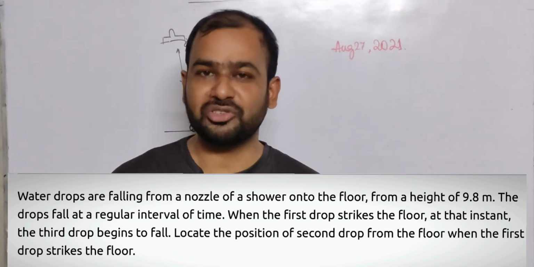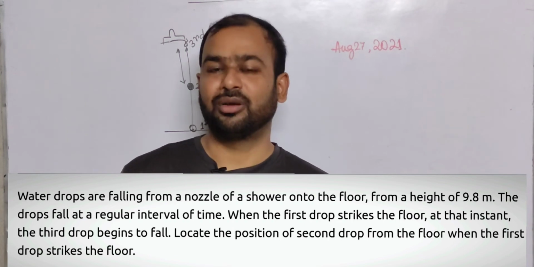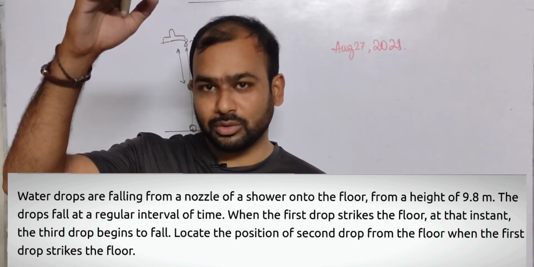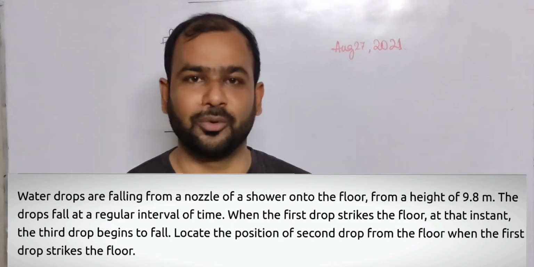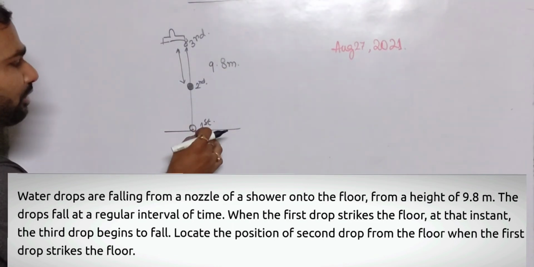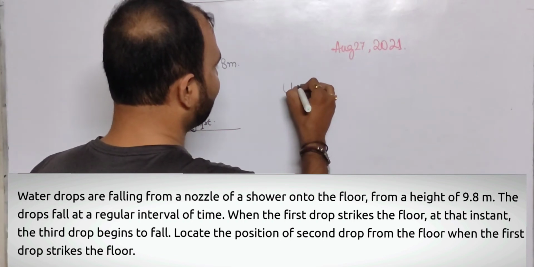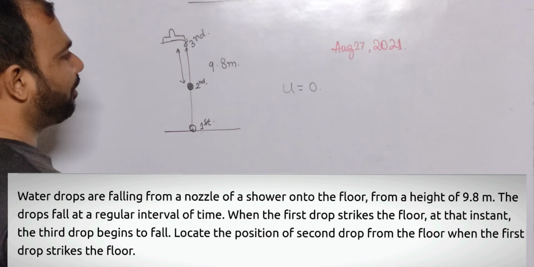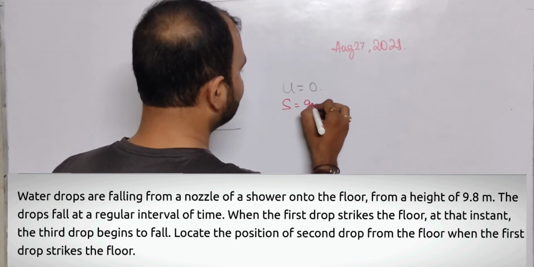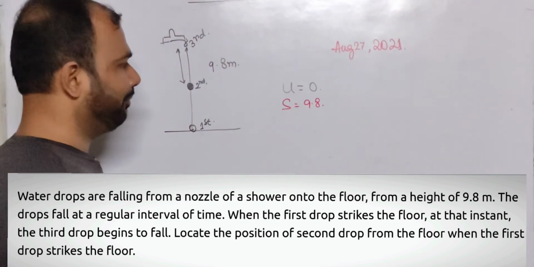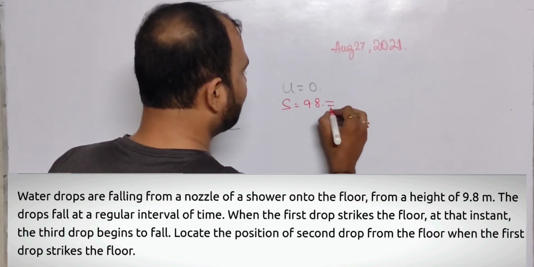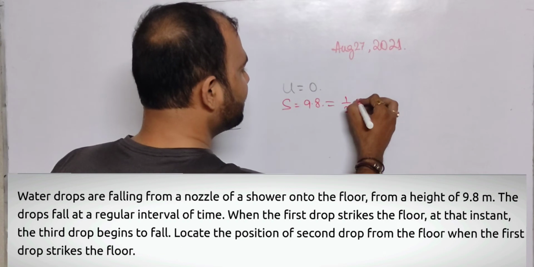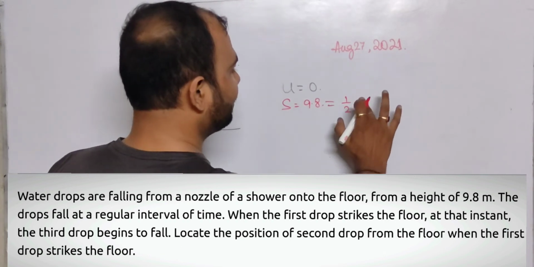Very easy question. First of all, what we know: the distance between the tap and the floor is 9.8. Initial velocity for the first drop is u equal to 0. Distance s equal to 9.8. We are going to find the time. So 9.8 equal to ut, initial velocity is 0, plus half g t square.